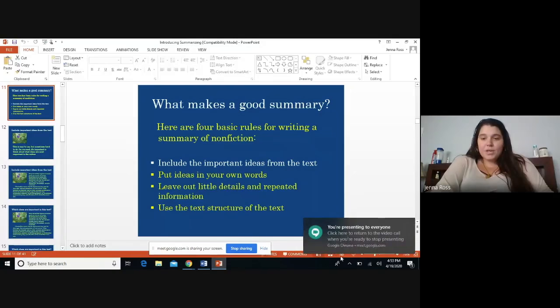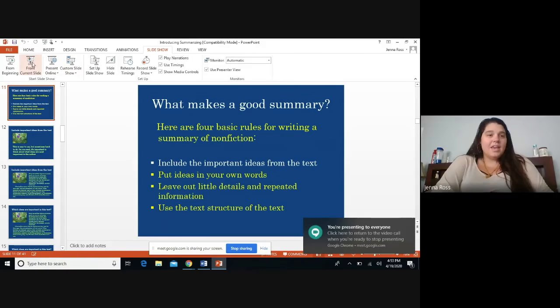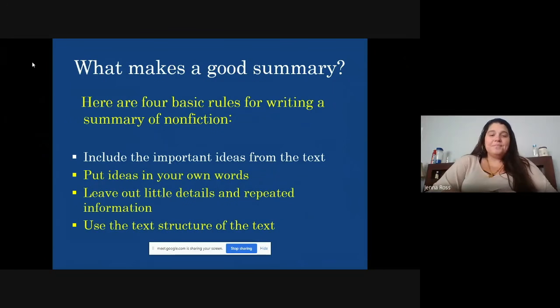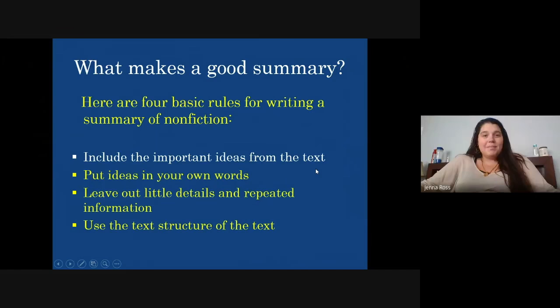Remember, we were using this PowerPoint yesterday and we left off on this part. And now we are going to start right back here. All right. So what makes a good summary? Let's remind ourselves what we need to do to have a good summary. The first thing is to include only the important ideas, which is what we're really going to work on today, to put ideas into our own words.